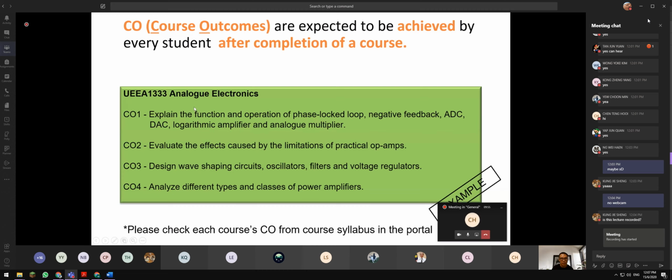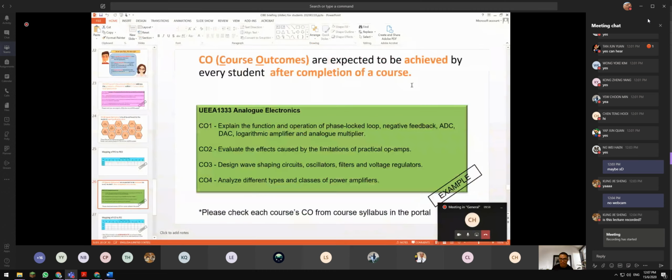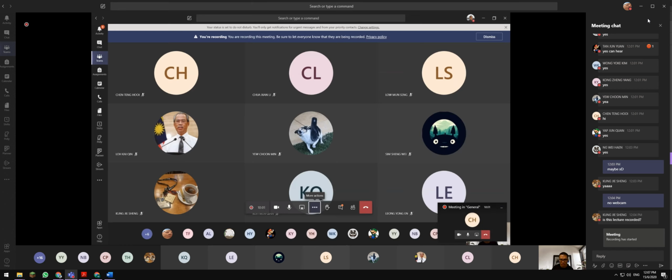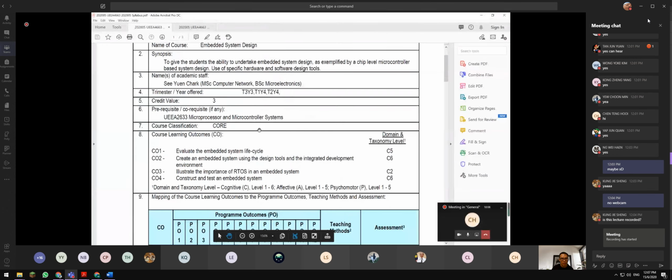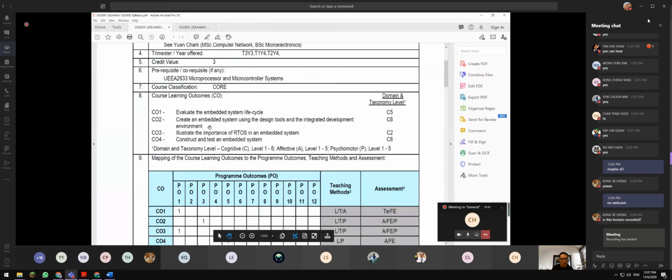And then we have the course outcomes. Let's go through the embedded system design course outcomes for this semester. Okay, hold on first. Let me open the slides. For embedded system design, the first course outcome is to evaluate the embedded system life cycle. This means that at the end of this course, you're able to start designing from the beginning till the end.